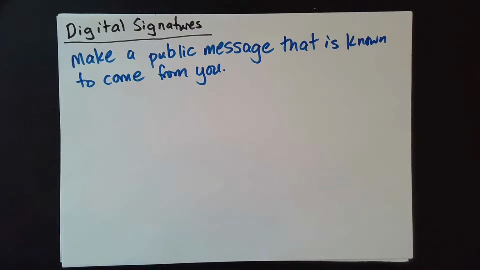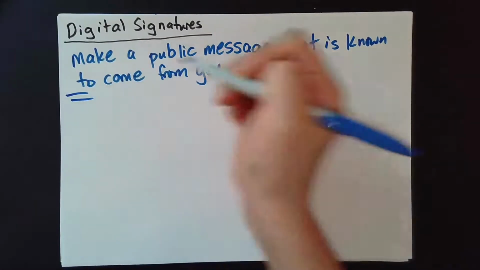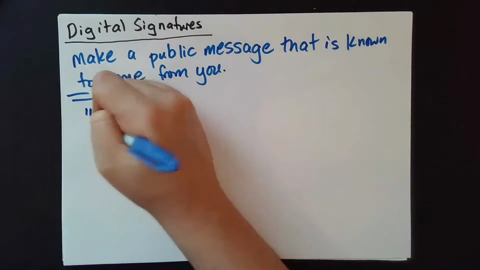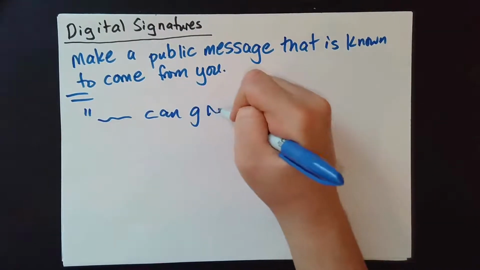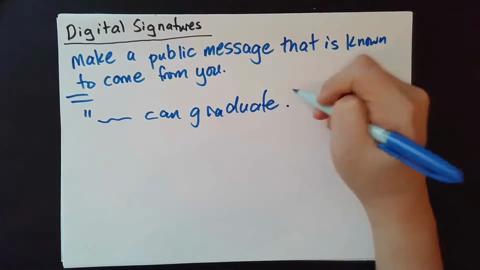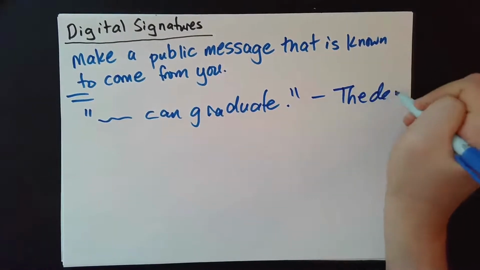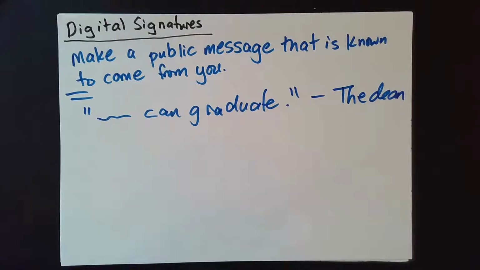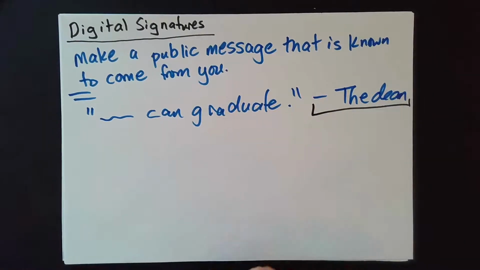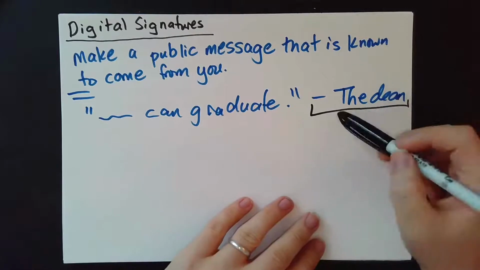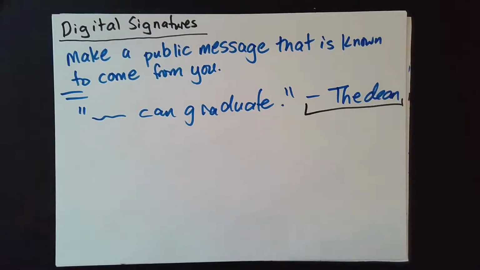So, for example, let's say the dean says this student can graduate and sends a message to the registrar's office that says so and so can graduate. The source of this message is really important, because nominally, anyone could send this message and anyone could sign it as the dean. And then, well, that would be a problem.